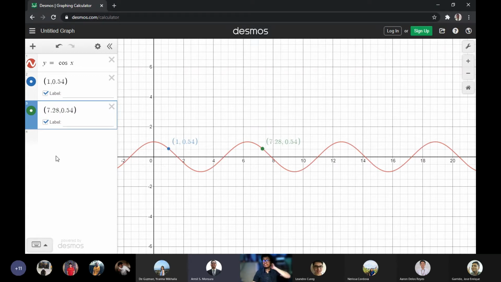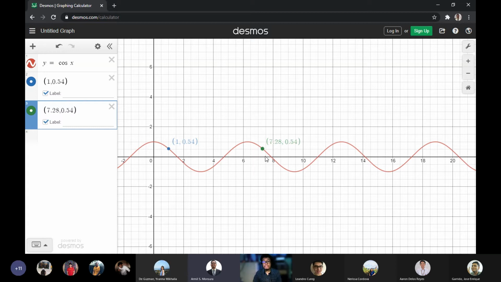And you can also confirm that by using a calculator. Kung gagamitan nyo ng calculator yan, mako-confirm nyo that the cosine of 1 radian is 0.54, and the cosine of 7.28 radians ay 0.54.